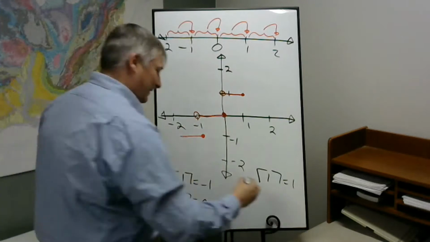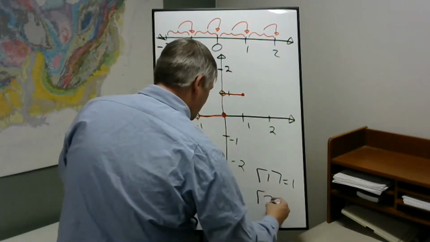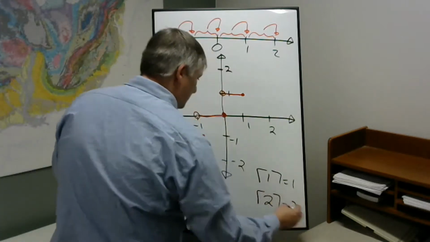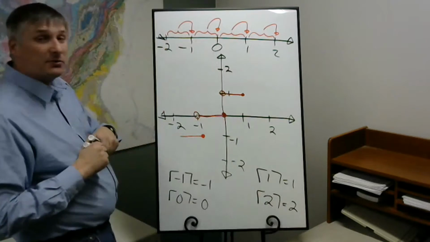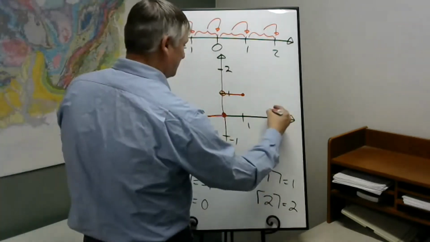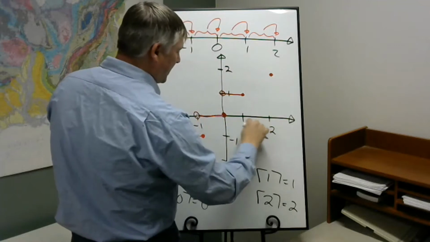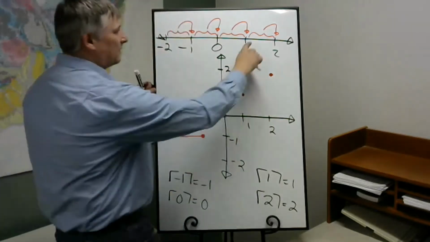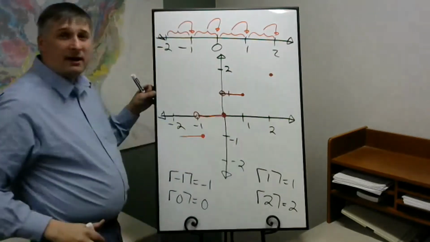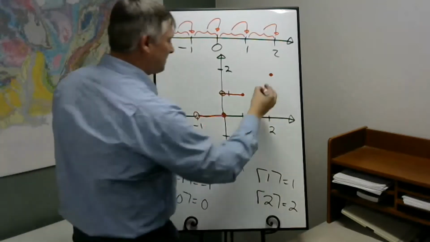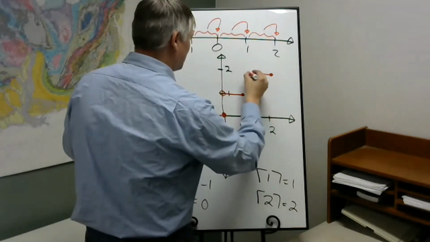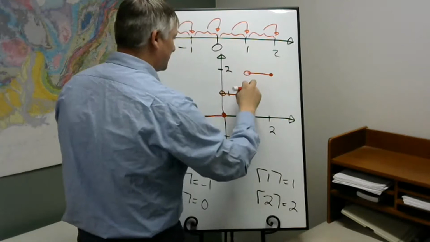And then finally, for 2, again, 2 is going to pass through this function. And then all the x values between 1 and 2, they're going to have a function value of 2. And again, we've got this jump here.